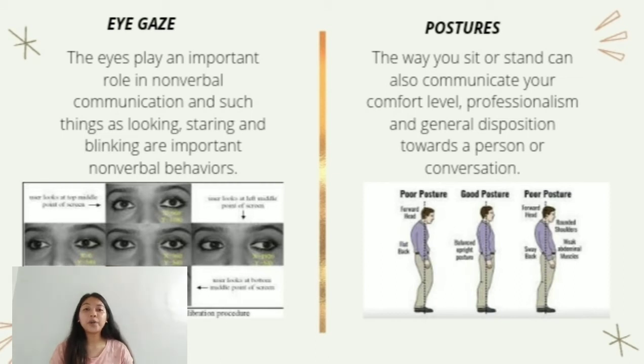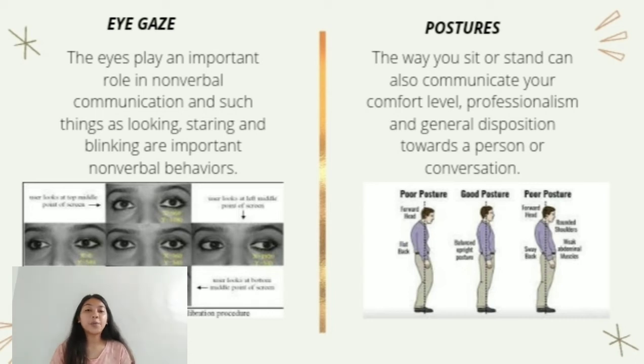The eyes play an important role in non-verbal communication, and things such as looking, staring, and blinking are important non-verbal behaviors. Basically, eye gaze is the way we use our eyes when we speak with other people.